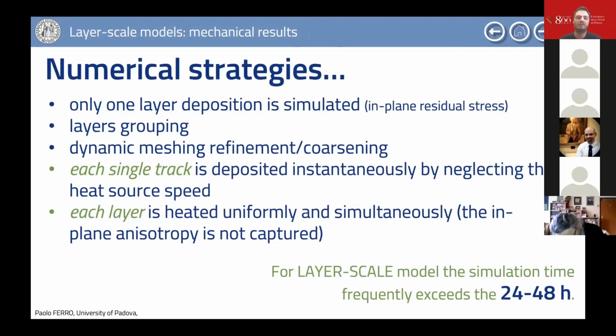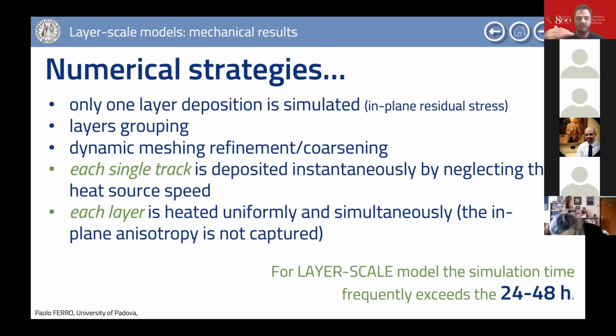So first of all, if you are interested only in assessment of residual stress in one layer, of course, we can simulate only one layer and have very important information focusing only on one layer.